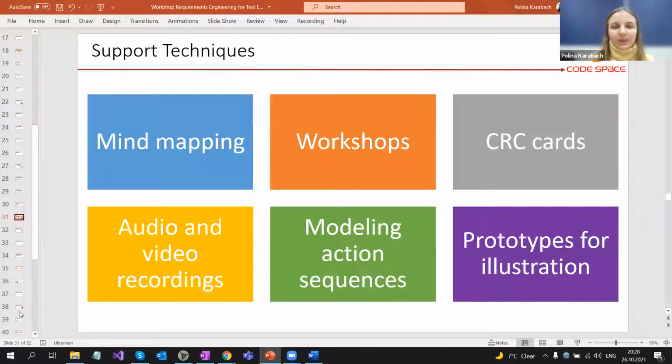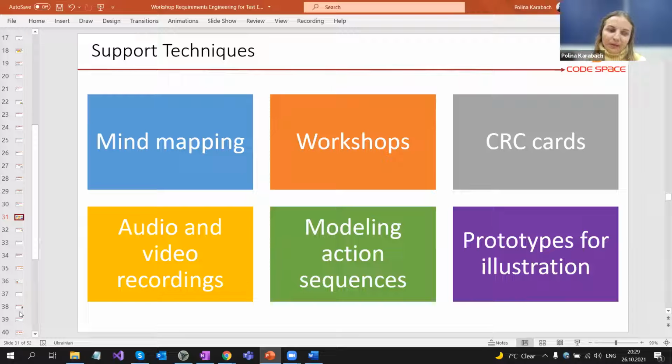And some support techniques. Support techniques are things that can be added to those previous elicitation techniques, and we can make use of them as well. Mind mapping is a tool to show the connection between the different information that we have during a brainstorm, for example. It's a very nice visualization tool for reviewing different types of information.